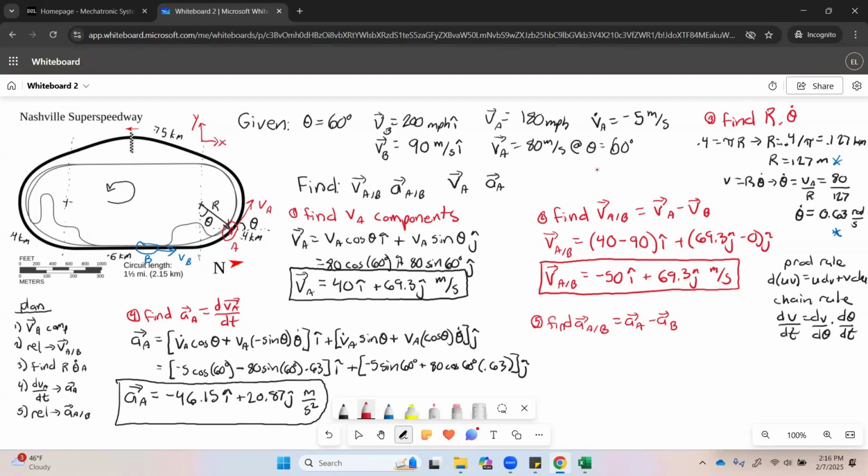No. B was not given an acceleration in the problem. Therefore, acceleration of A with respect to B is just the same as acceleration of A because acceleration of B is 0. So acceleration of A with respect to B equals -46.15 I hat plus 20.87 J hat minus 0. This is meters per second squared.